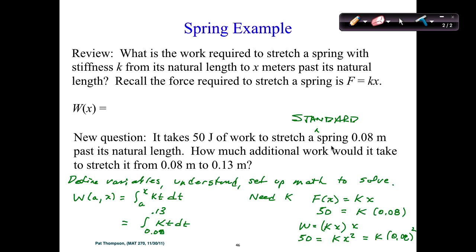We'd do 50 over 0.08 to get a force, and then the additional work would be 50 over 0.08 times 0.05, which is 0.13. Okay, so you're saying work equals force times distance, and the work is 50, so 50 equals force times 0.08. How about this? Agree with that?